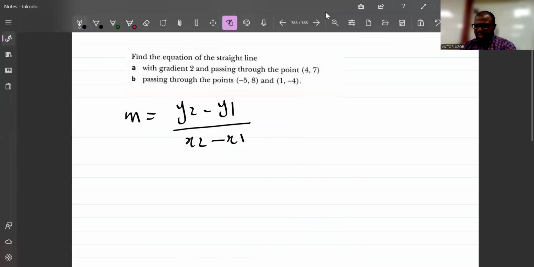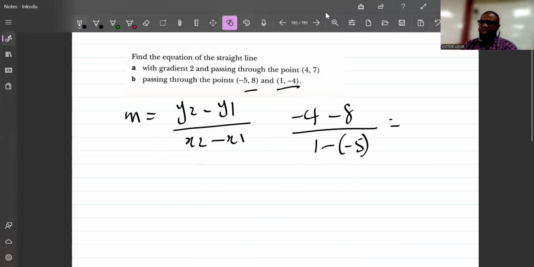And y2 in that context is, I'm using this 2. So I will have minus 4 minus 8 all over 1 minus 5, which will give me minus 12 all over 6, which will give me minus 2.